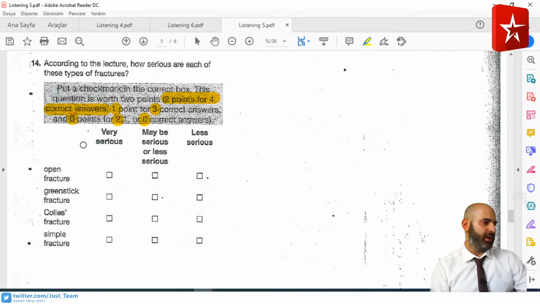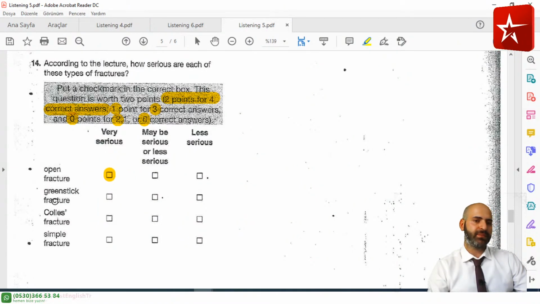Ece and Dilara said open fracture is very serious, and the girls are correct. It is very serious. Let's move to the next one, green stick fracture. Is it very serious, maybe serious, or less serious? Green stick.